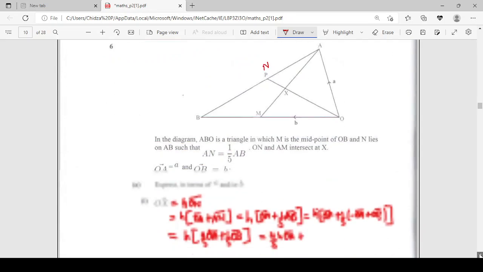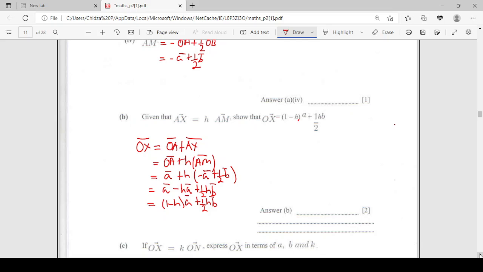So let's substitute now. We know that AX is hAM. So where there's AX, we are going to replace that and put hAM. But in part A there, we're already having our AM, which is minus A plus half AB. So when you multiply out this bracket, you end up with this expression.